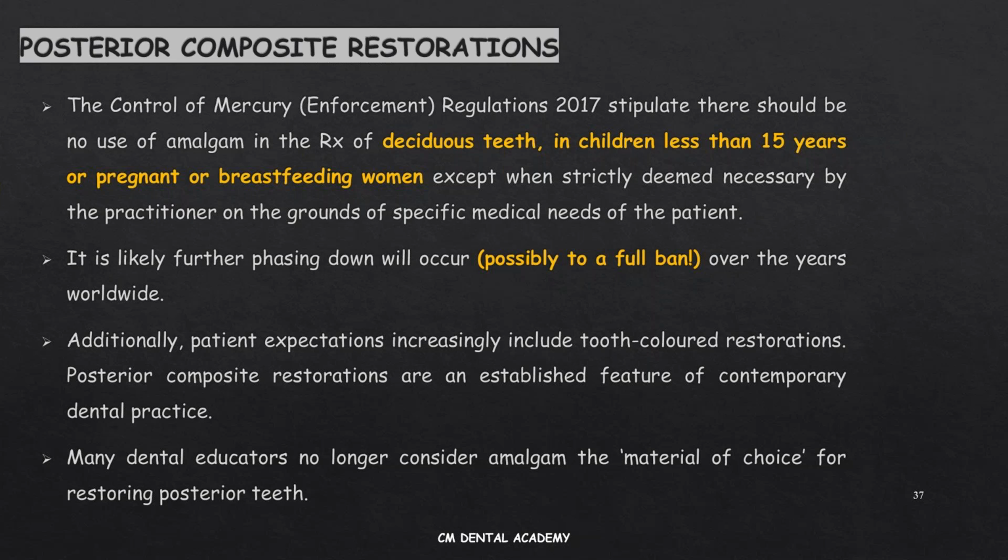It is likely further phasing down will occur, possibly to a complete ban over the years worldwide. Additionally, patient expectations increasingly include tooth colored restorations because of the aesthetics. So posterior composite restorations are an established feature of contemporary dental practice. Many dental educators no longer consider amalgam the material of choice for restoring posterior teeth.